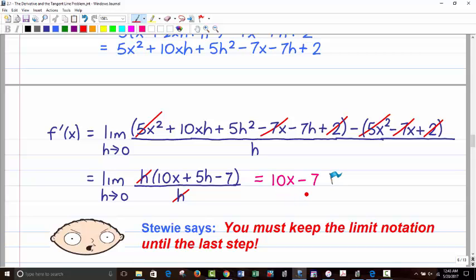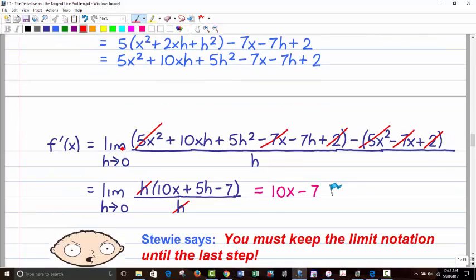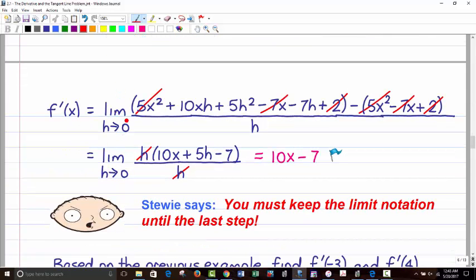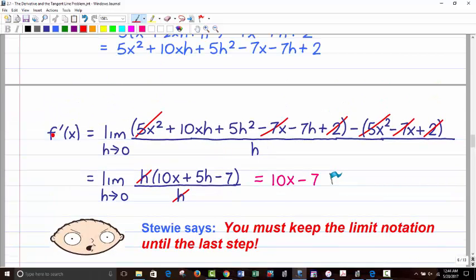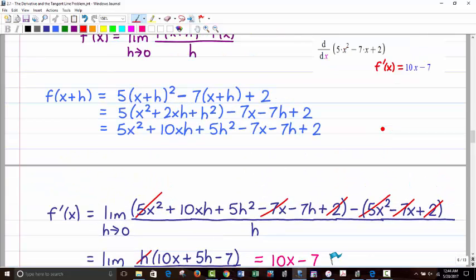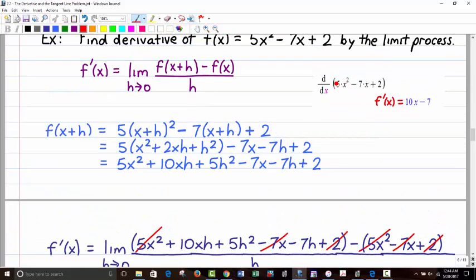Now, if you're in a face-to-face class, and at least in my class, and a lot of instructors would probably feel the same way, the notation is very important here. You've got to keep that limit notation with each step. We didn't do too many steps there, but keep that limit in front of it. You can't just start doing all this stuff without the limit. And using derivative notation is very important also. I know Maple doesn't do it here. I did d dx of that and saw what it spit out as the answer. Maple doesn't do it, and I don't blame Maple for not programming it to do it. That's fine.